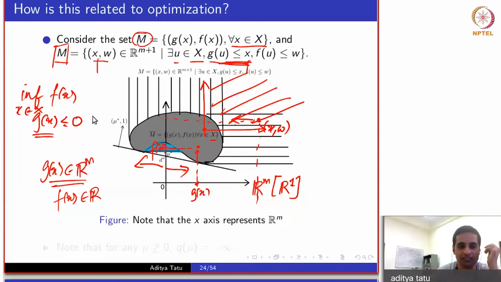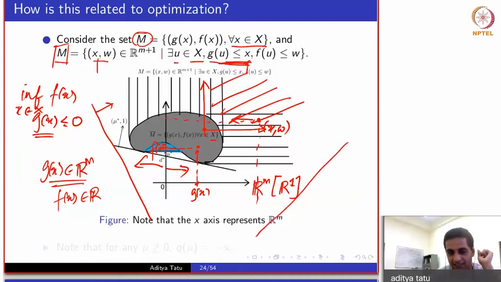See, if mu is positive, all hyperplanes with normal (mu, 1) would have the normal pointing in this direction, right? As I said, positive x-axis means mu is positive, negative x-axis means mu is negative. So, can I take this as a hyperplane? This also has normal (mu, 1), right? You see the y coordinate of this normal is positive, but the mu, the x coordinate, is negative.